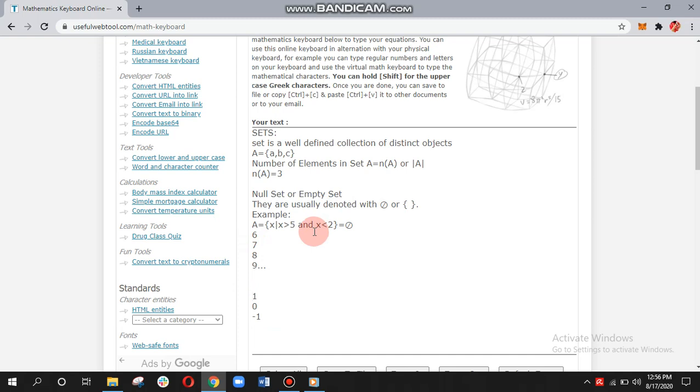Not even a single element is common, so hence it is indicated with the null set.